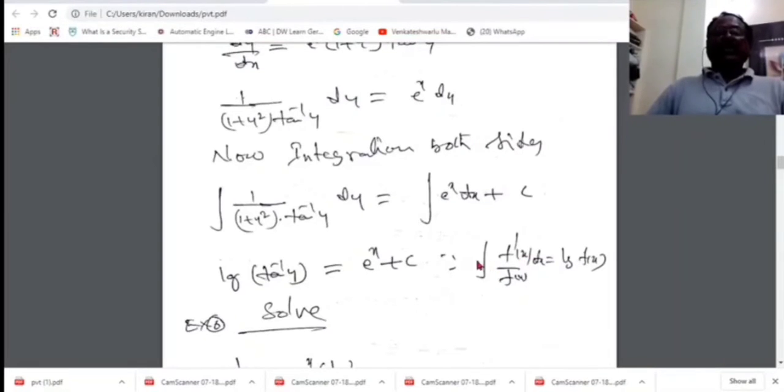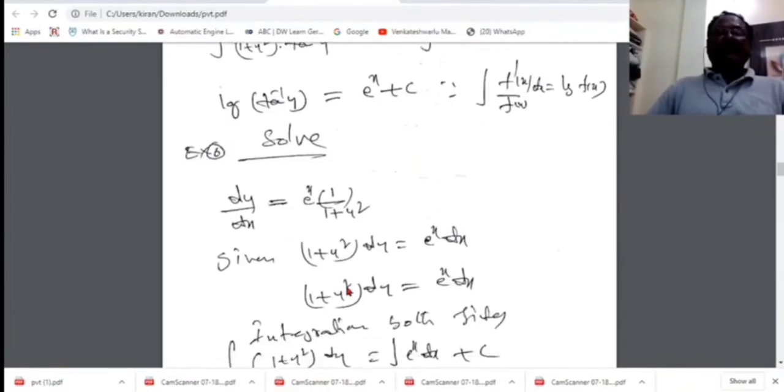So the integration of f dash x by f of x dx is equal to log of f of x. Now using this formula, log of tan inverse of y is equal to integration of e power x, that is e power x plus c. Now this is the required solution of the given differential equation.